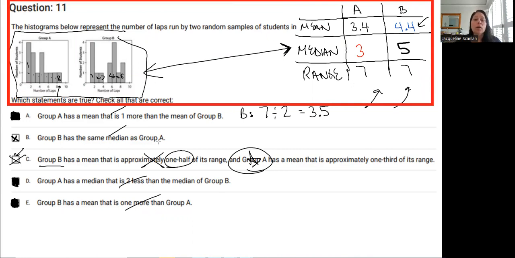The hard part is reading these answer choices and making sure that you are saying true or false based off of what these new answer choices say. So these are going to say something different than what they're saying on the practice test.